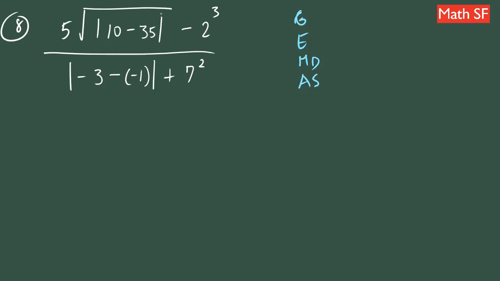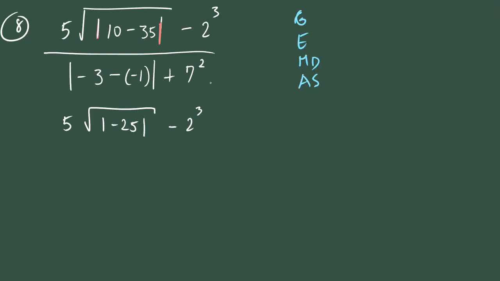So in the top part, analyze this: the outer grouping is this radical, but inside I have the absolute value. So I might need to do the absolute value first. So 5 radical of absolute value of -25 minus 2 to the cube.